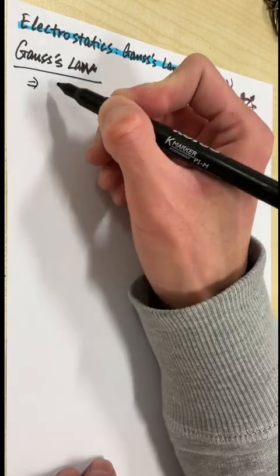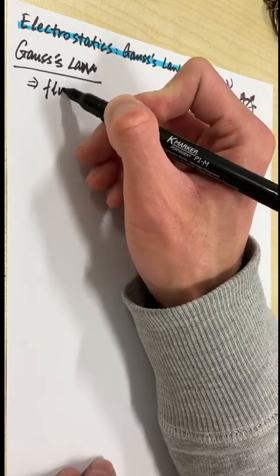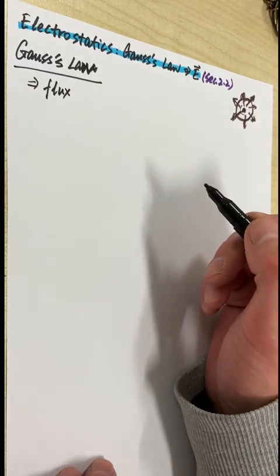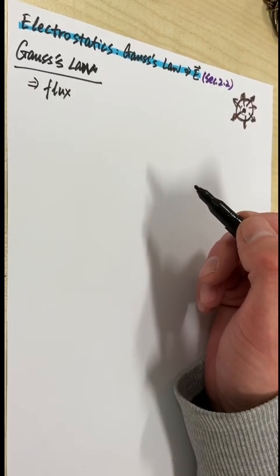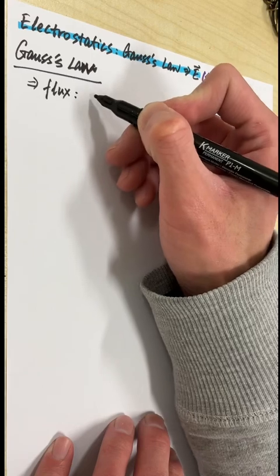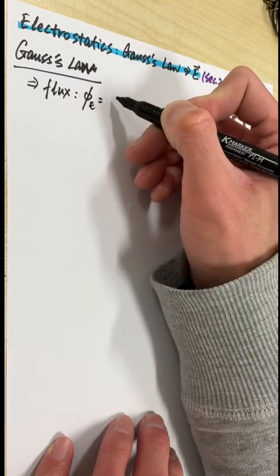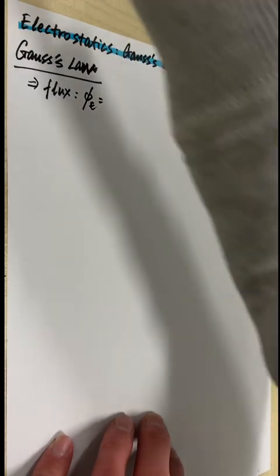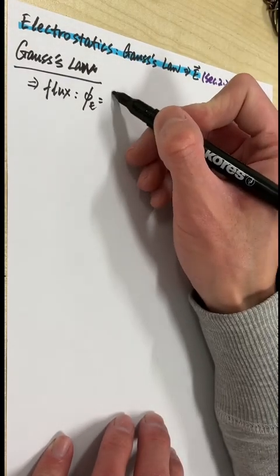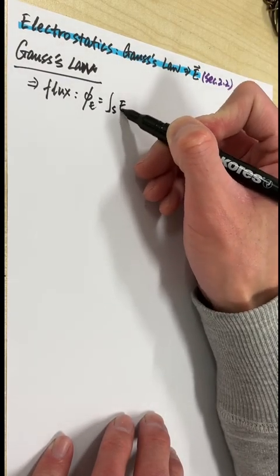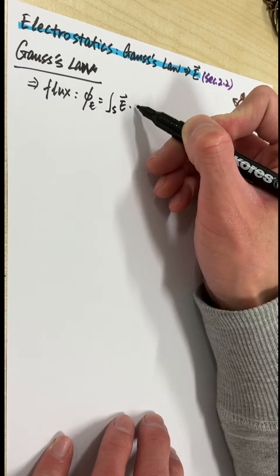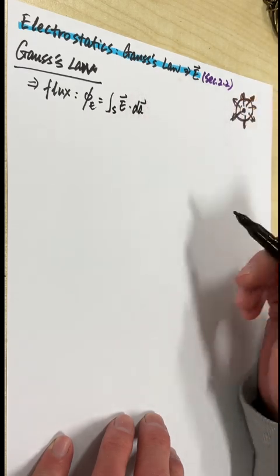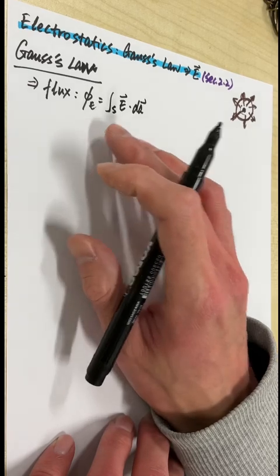Okay. So first of all, we need to define a flux. Electric flux is defined by the electric field that flows across a surface. Okay, that's a flux.